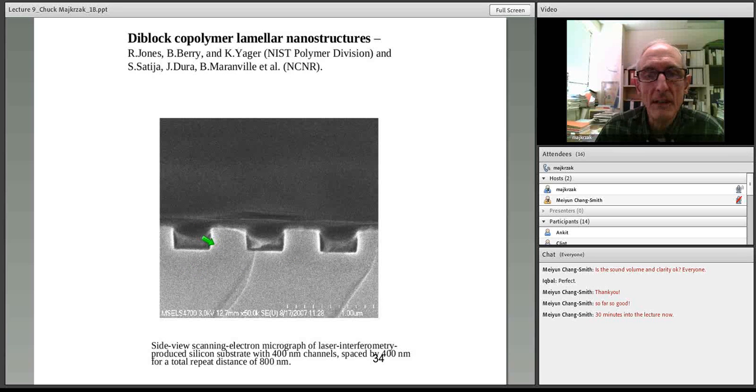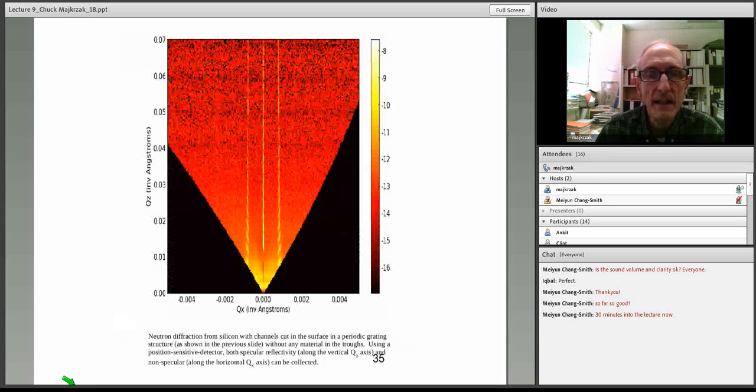So this looks like a thin film, and it has a thickness periodicity that we see again along the specular direction, along the Z here, that's manifest also in the positions and intensities of the off-specular peaks that occur along the X direction in plane.